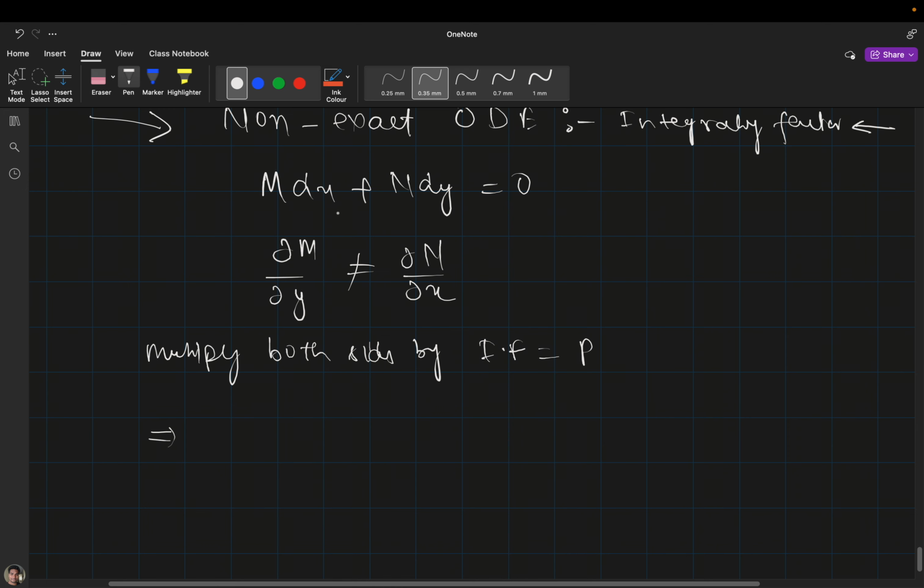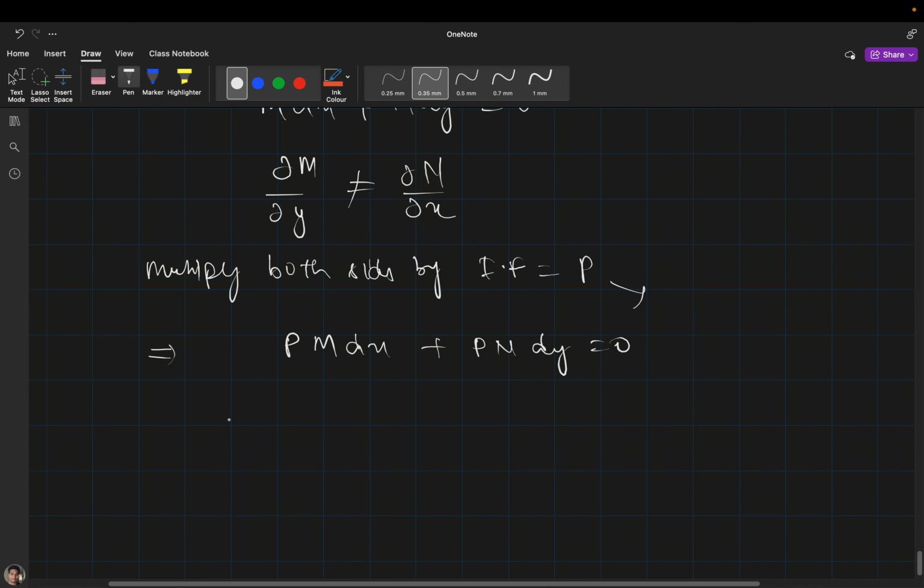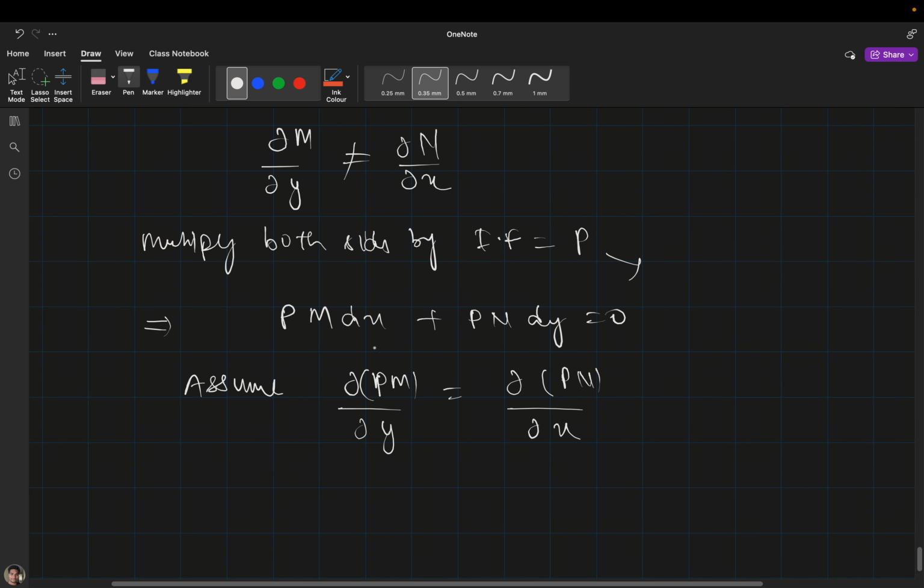Suppose I'm multiplying this differential equation by P, and if it is exact, then what is the condition for P? That's what I am trying to derive. Let's multiply both sides by P. Then you will get PM dx plus PN dy equal to 0. Now assume ∂(PM)/∂y equal to ∂(PN)/∂x, which means this differential equation is exact.